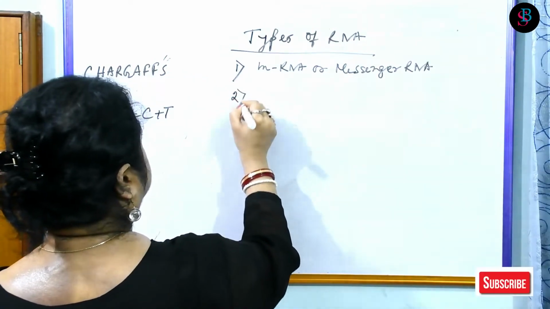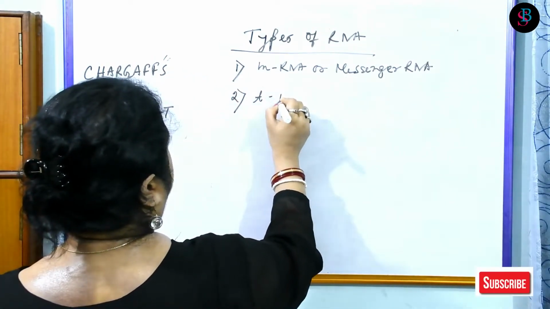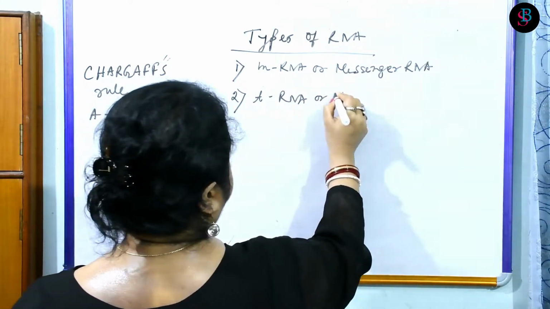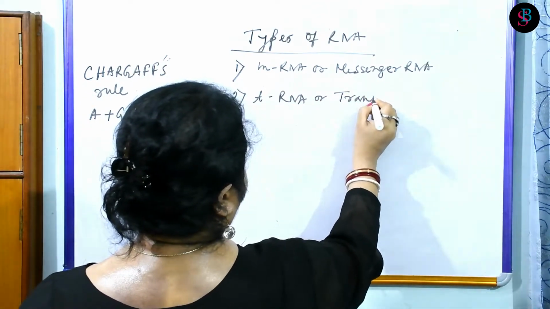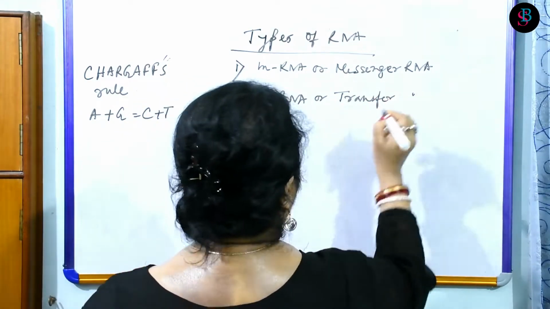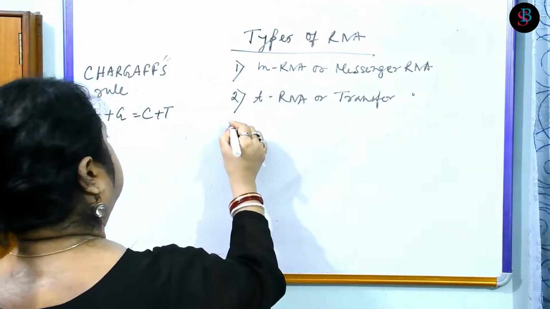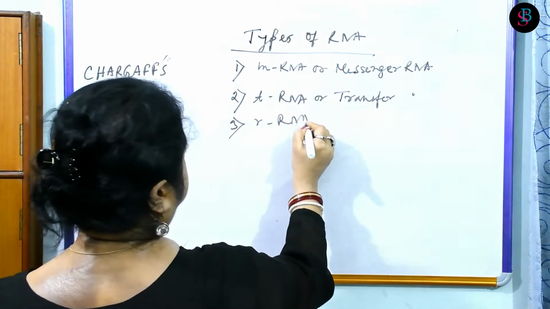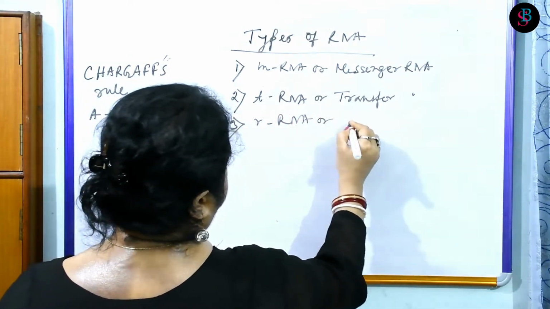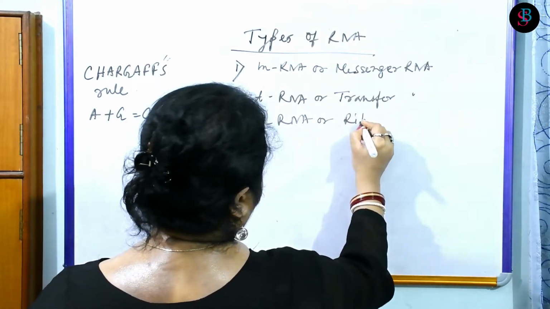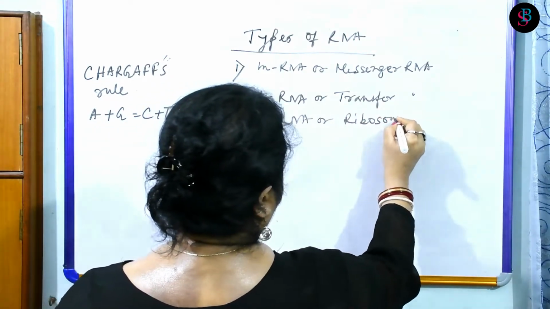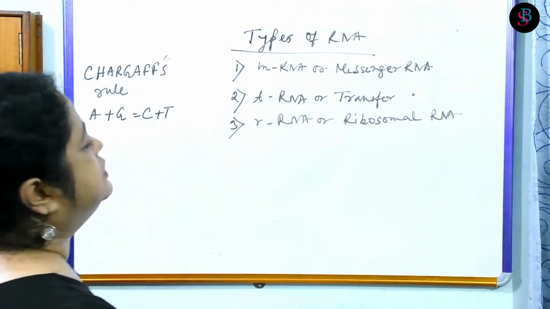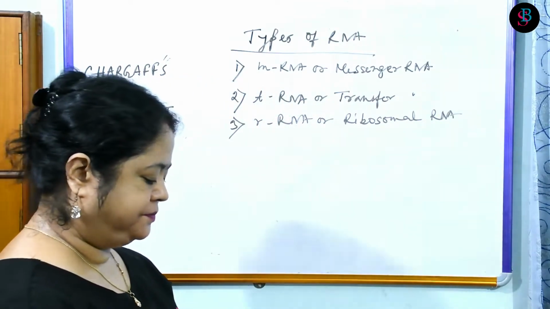Number two, tRNA or transfer RNA. And number three is rRNA or ribosomal RNA. Three types of RNAs are there.